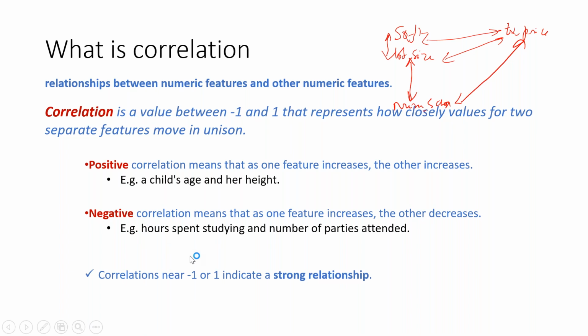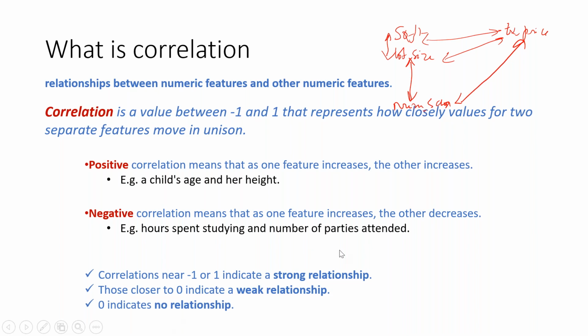Correlations near -1 or +1 indicate a strong relationship. High correlation means they are definitely moving strongly together. Those closer to 0 indicate a weak relationship. We can calculate this number using an equation. If it is close to -1 or close to 1, it means a strong correlation is there. If it is closer to 0, a weak relationship is there.